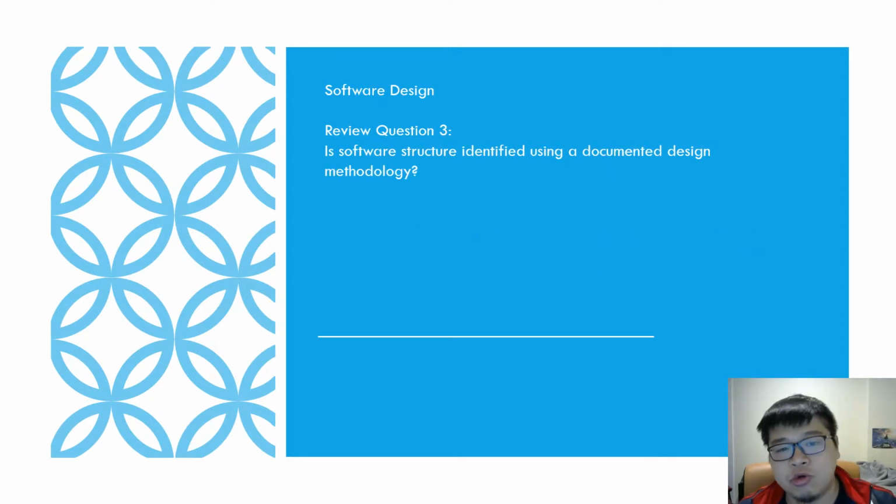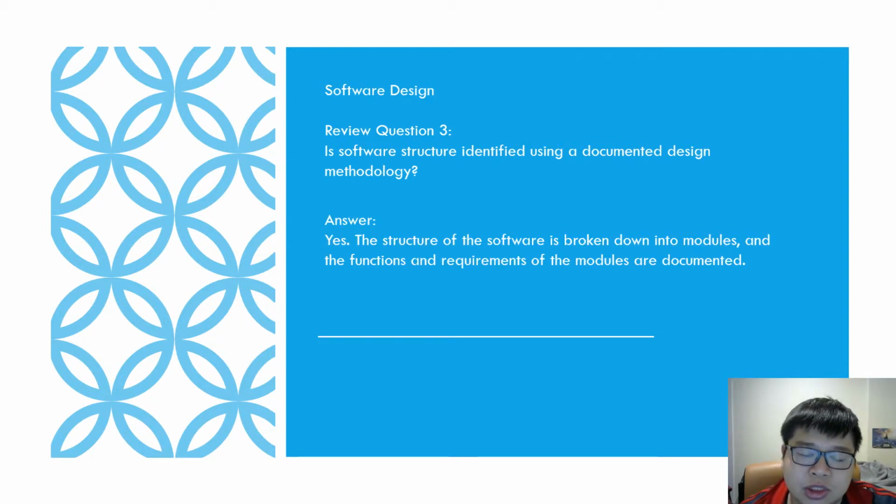The next question is, is the software structure identified using a documented design methodology? The answer is yes. The structure of the software is broken down into models, and the functions and requirements of the models are documented.